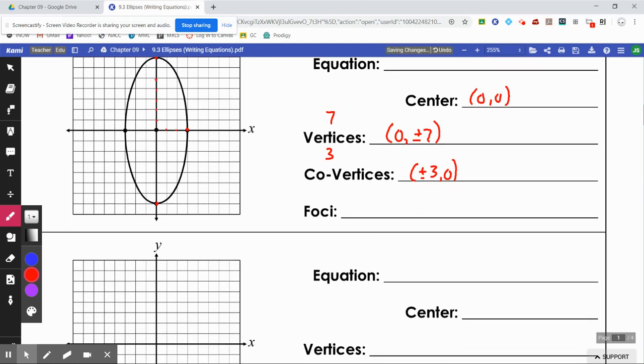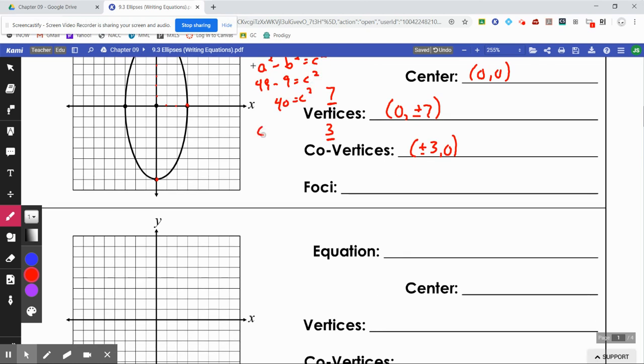The foci, to find it, we're going to do a squared minus b squared is equal to c squared. So a squared would be 49 minus 9 equals c squared. So 40 is c squared, so the square root of 40, which you can write as 4 times 10, which is 2 root 10.